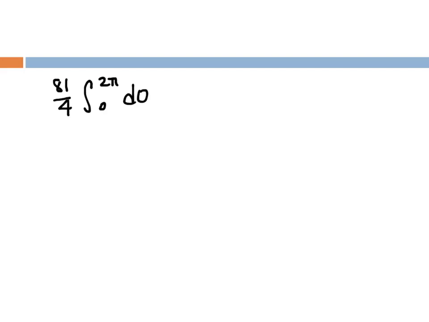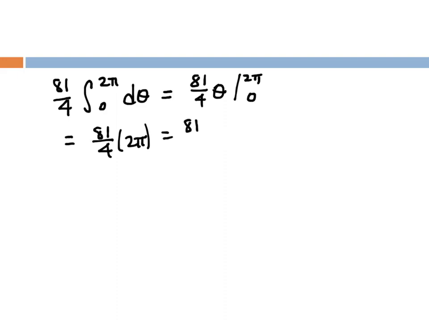And of course this works out to 81 over 4 theta, evaluated from 2 pi down to 0, which would give me 81 over 4 times 2 pi, or 81 over 2 pi. And then we're finished, and that's our triple integral value using spherical coordinates.